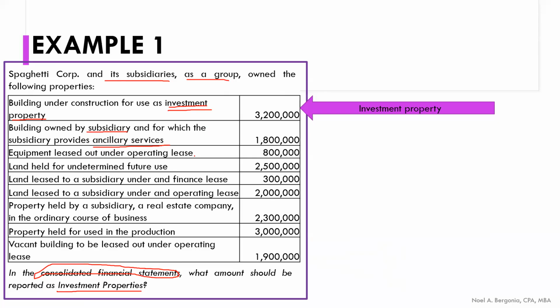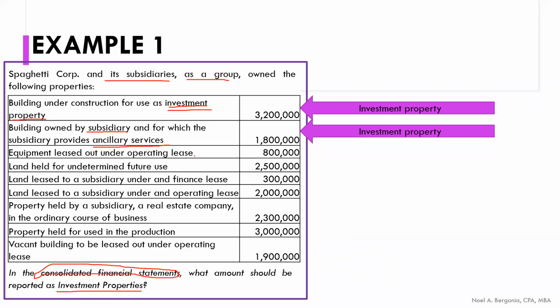Una, hindi naman sinabi that this is an owner-occupied hotel, yun yung kaninang exception na PPE. Dito, hindi rin sinabi na significant yung ancillary services. So based on this data only, the subsidiary owned the building and it's just providing ancillary services, then it would be treated as investment property. I hope that is clear.